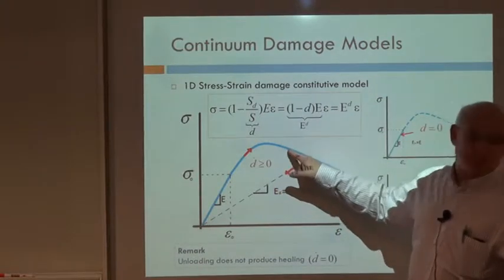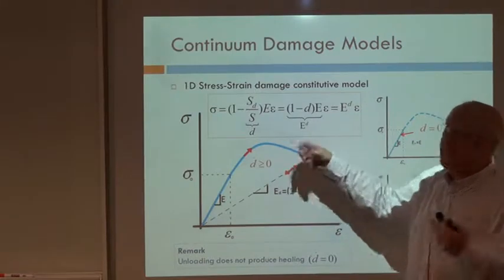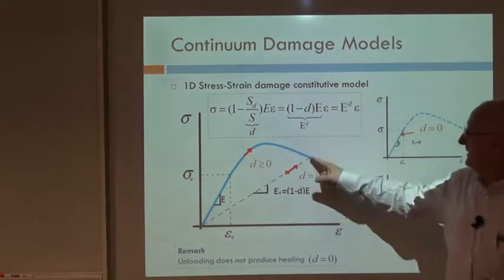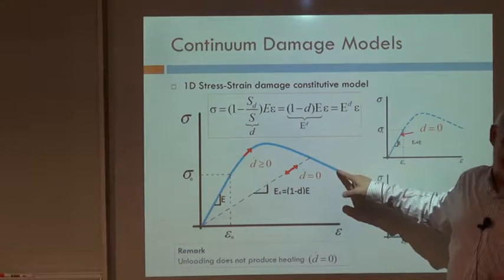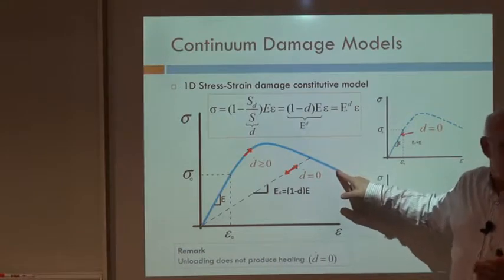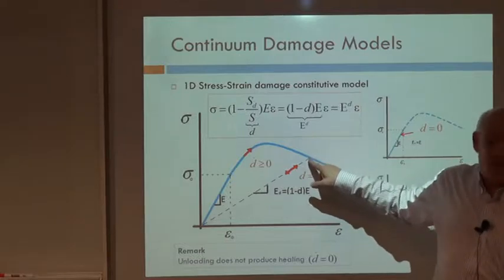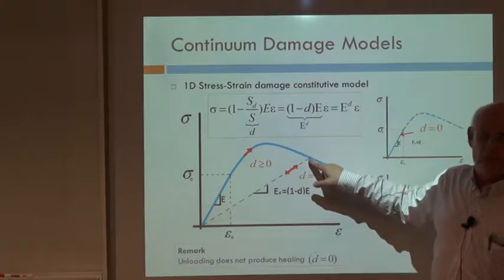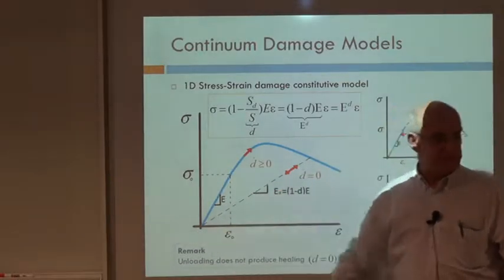So if this way is not possible, the way d is smaller than 0 is that, which is not possible. The way d is greater than 0 is that, which is not considered here because I'm supposing that I'm unloading. So what is the remaining option? d equal to 0, d dot equal to 0. So no evolution of the damage, which corresponds to an unloading branch, which is that.